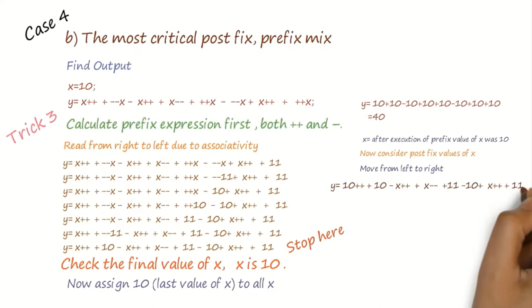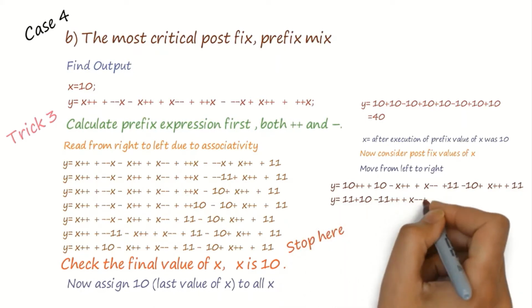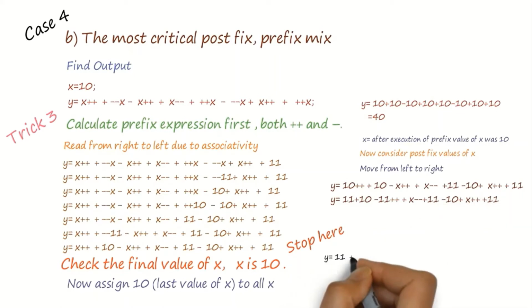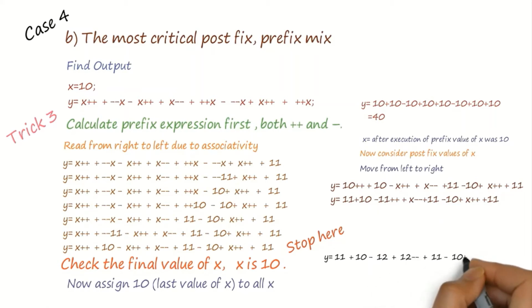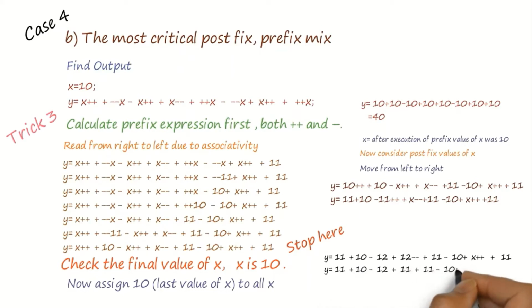So in this problem, only considering prefix operations, the last updated value of x was 10, and we know the associativity of postfix is left to right. So the current value of x will start from the left, skipping y. The first postfix expression is x++, which will become 10++, that is 11.